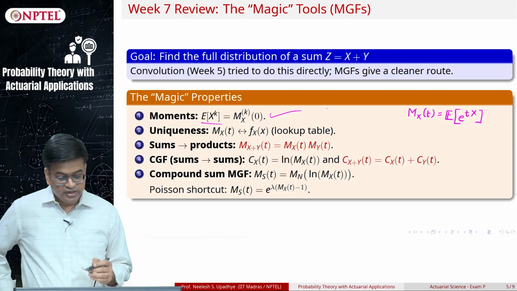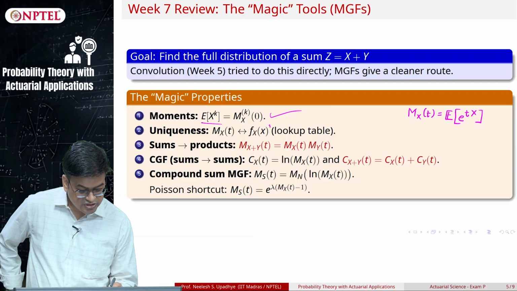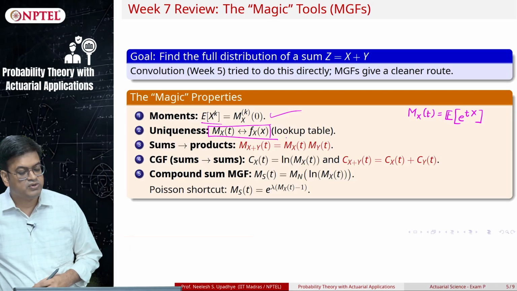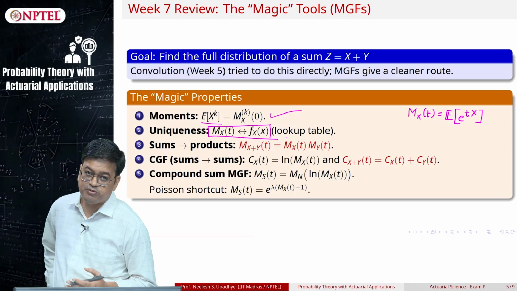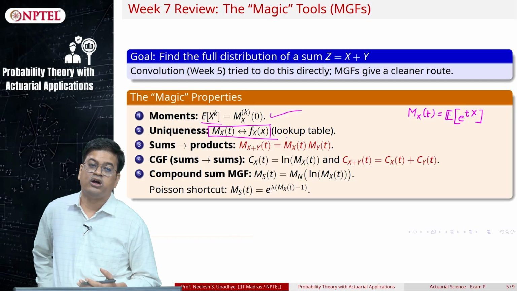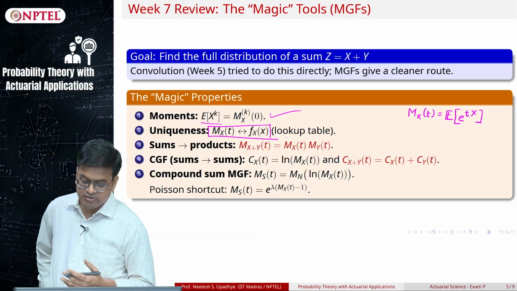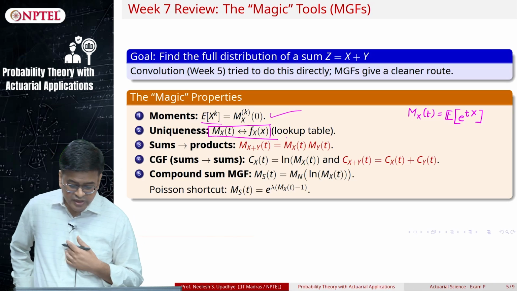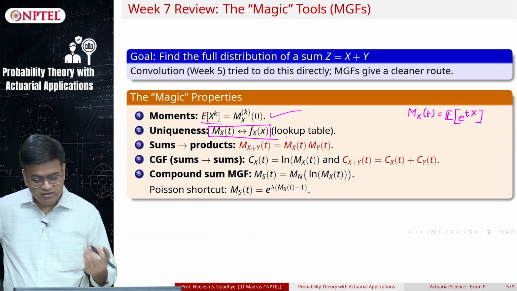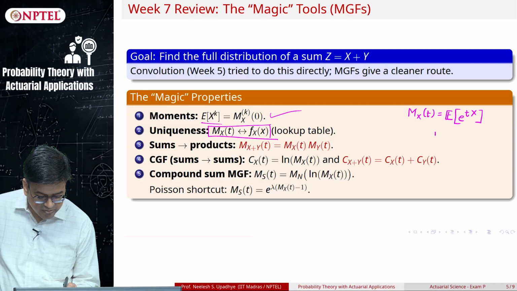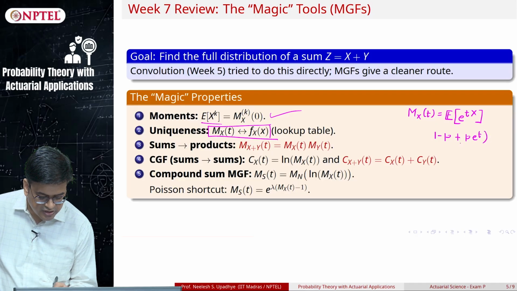Then what we did is a very interesting thing, which is basically we mapped moment generating functions in one-to-one correspondence with either probability density functions or probability mass functions, and we designed one lookup table. For example, if you ask me what is a moment generating function for a Bernoulli random variable, then I can write 1 minus p plus p e raised to t.